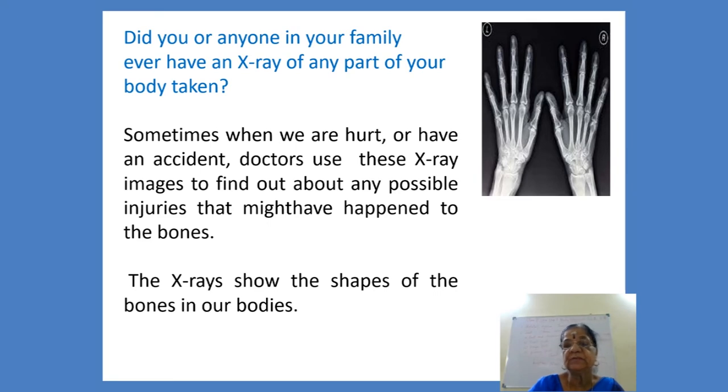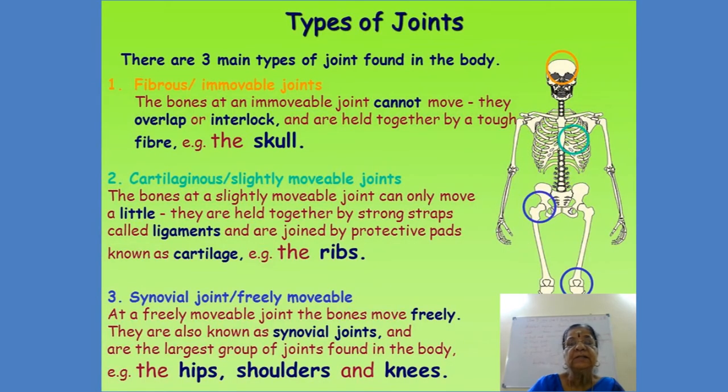I have also given it in the QP. The next one is types of joints. I showed this in the previous session: there are 3 main types of joints found in our body. First, the fibrous or immovable joint: bones in an immovable joint cannot move. I mentioned the skull; it will overlap or interlock.